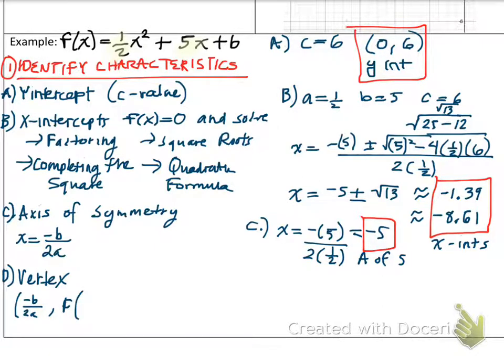So for my y, I'm going to write f of negative b over 2a. And just as a reminder, we're going to say plug in axis of symmetry to find y.